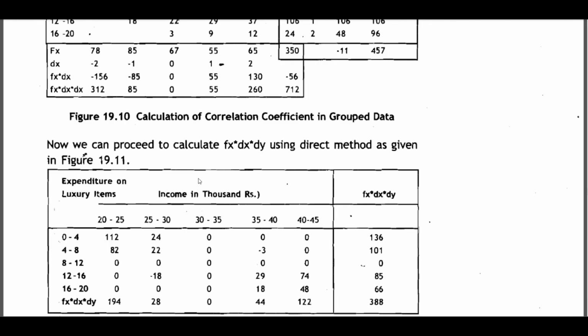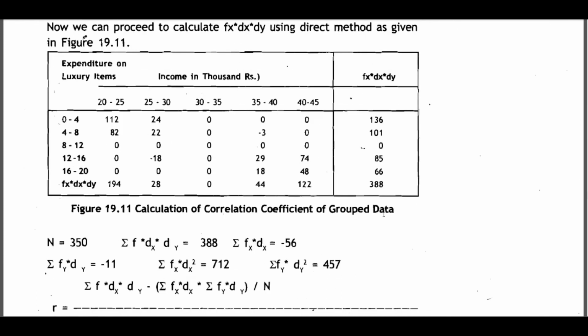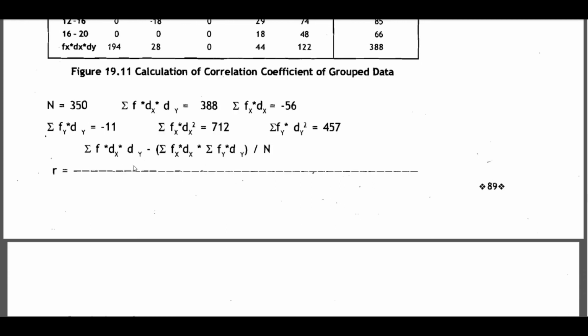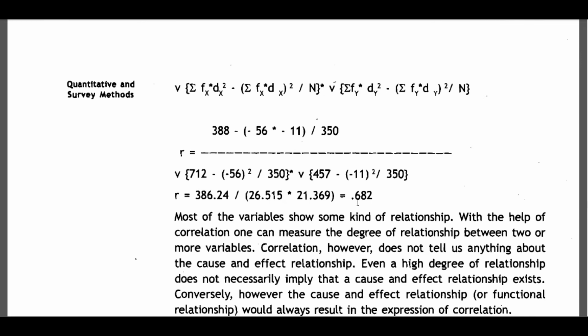So now we have the further calculation of fx, f, dy, dx. So these values are already calculated here. Based on those values, they reached this value and put it in that formula. We can get the value of r after calculation as 0.682. So most of the variables show some kind of relationship.